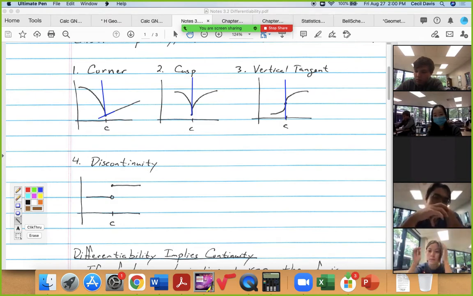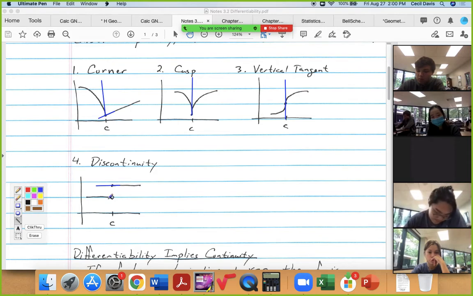The other place that you're going to have no derivative at a point is any place you have a discontinuity, and it doesn't matter what kind of discontinuity it is. Here I'm showing you a jump discontinuity, and I'll show you what the problem is. Over here, the slopes are all like this, right? They're all 0.